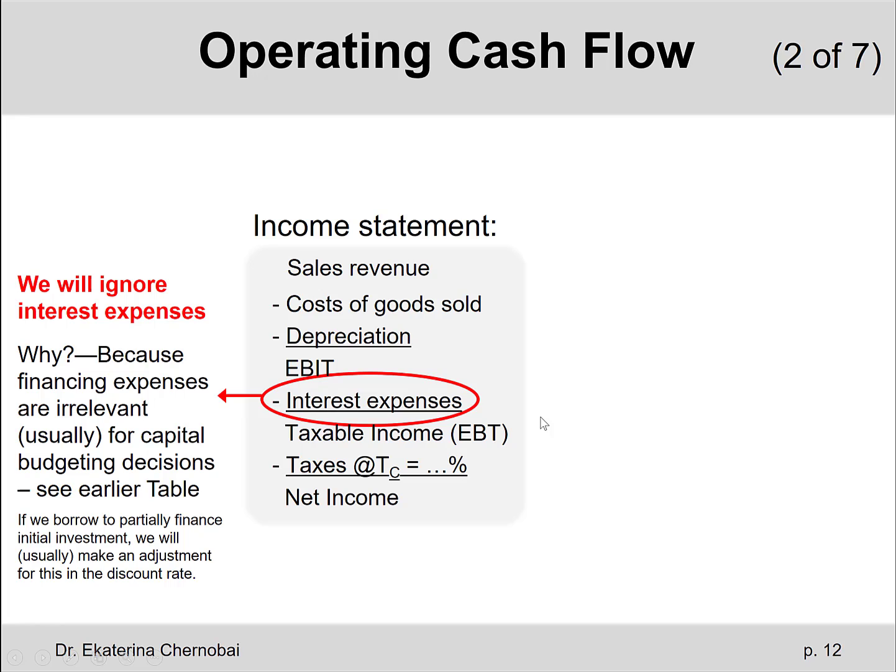However, there are a couple of things that we finance people are doing differently. First, remember from the earlier slides, interest expenses on loans are considered irrelevant for capital budgeting decisions, right? We are not going to use interest expenses in our net present value calculations, right?